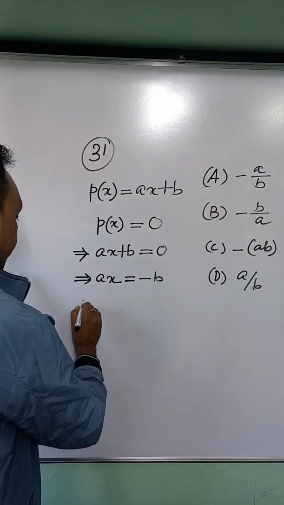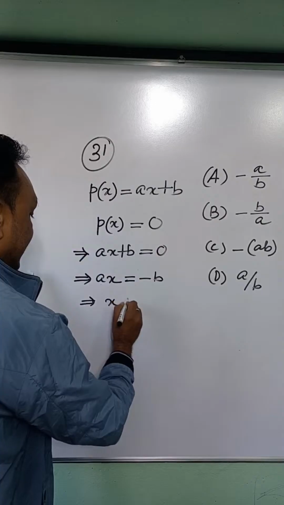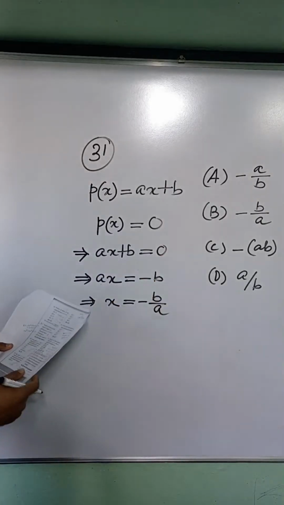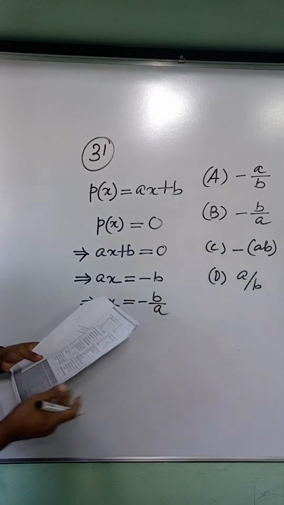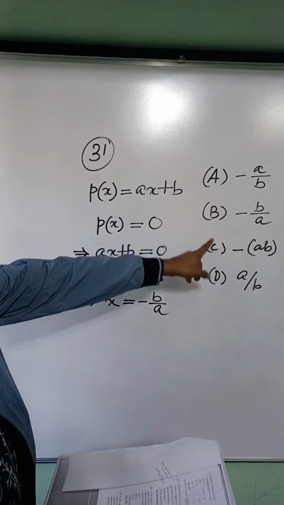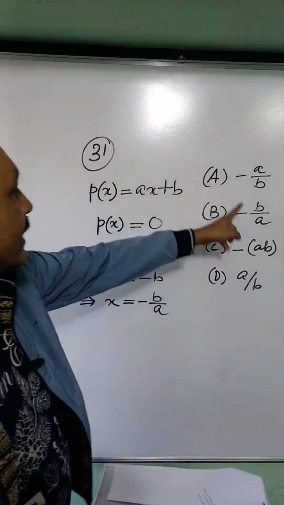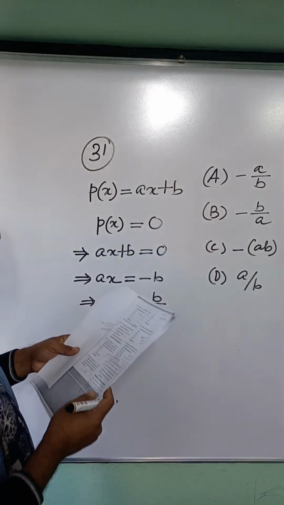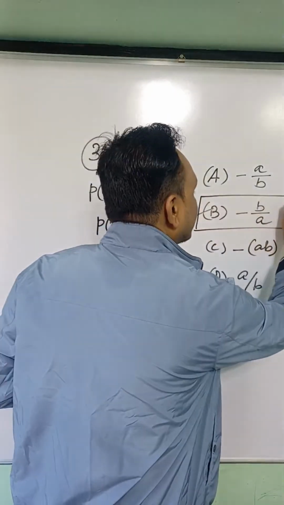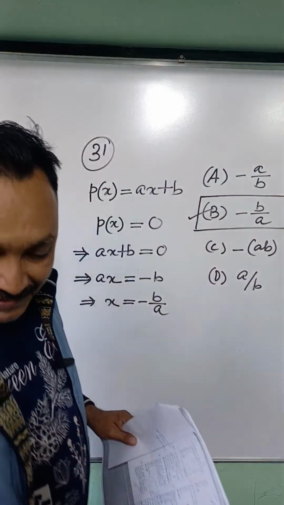Then x is minus b by a. This is the value of x, and that is the zero of this polynomial. So which is the answer? Minus b by a. Where is minus b by a? So B is the answer. Is it clear?